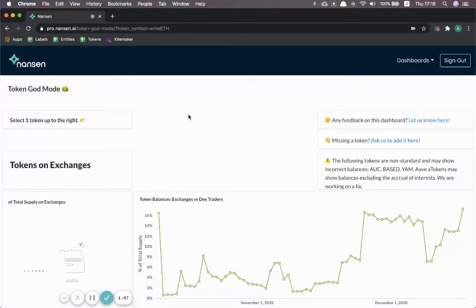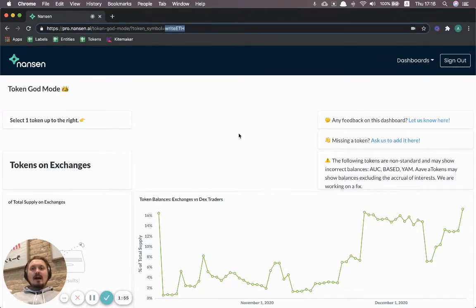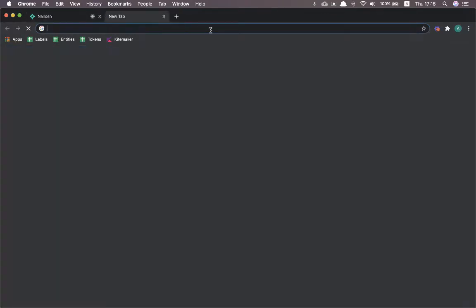And when you provide, for example, Ether to this liquidity pool, you get this token called rHEGIC. And so I've plugged in rHEGIC into token God mode here. I'd like to use the URL parameters because it's a bit easier to copy the links and just change them.